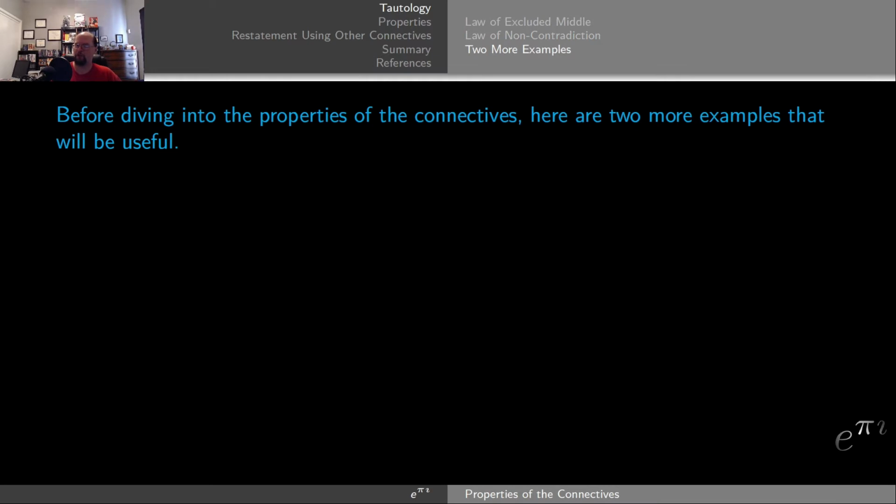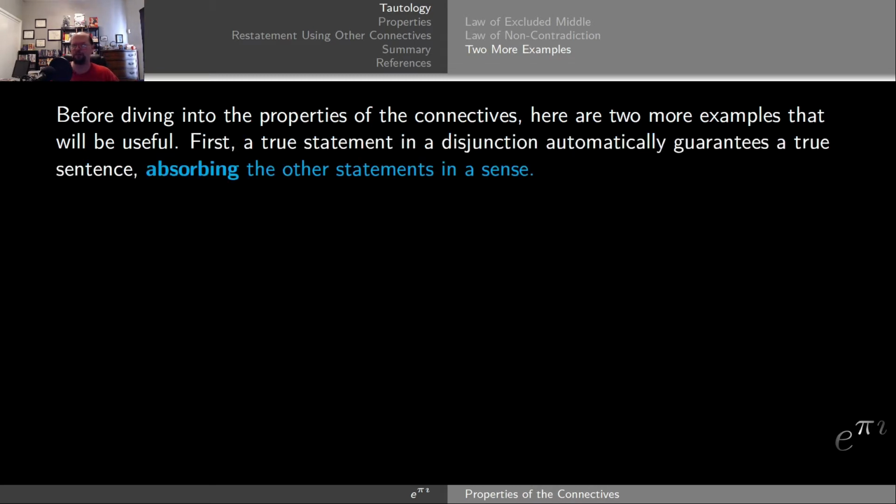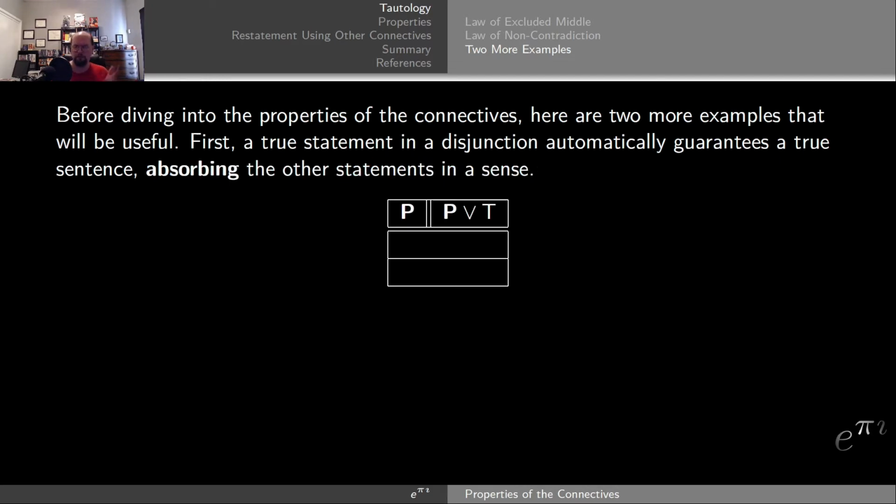Before diving into the properties of the connectives, here are two more examples that will prove useful in the future. First, a true statement in a disjunction automatically guarantees a true sentence overall. Basically, the trueness of the one statement absorbs the other statements in a sense. So, for example, take a proposition P, and I want to disjunction that proposition with something I know is true, a purely true statement.